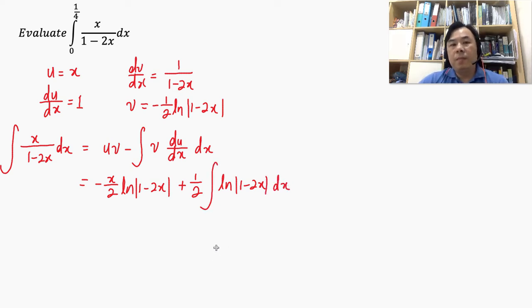Okay, right. Now that's my result here. Before I can continue with this, I'm going to make use of one of the results of integrating a ln function. So I'm going to make a remark here.